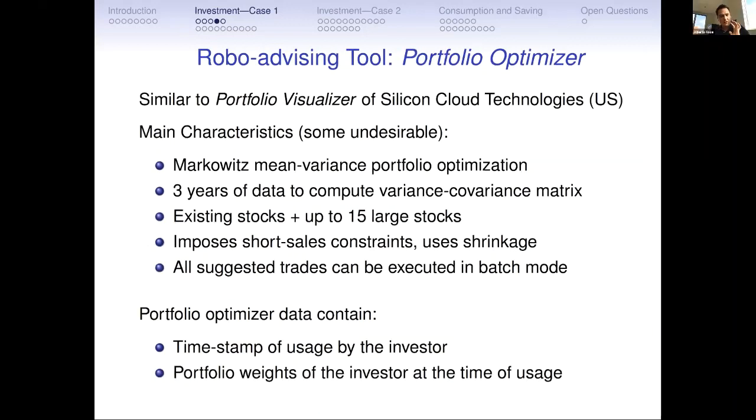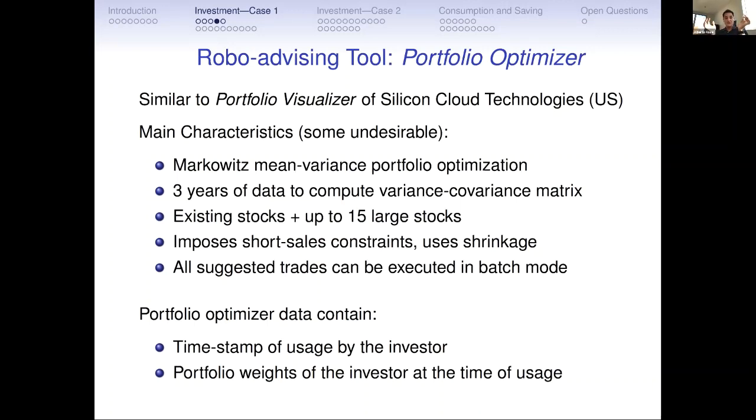Before giving you the main results, let me give you a sense of how this portfolio optimizer works. It is very similar to a portfolio visualizer of a Silicon Valley technology. The main characteristics, and some of them are really undesirable, is that it does mean-variance portfolio optimization following Markowitz.